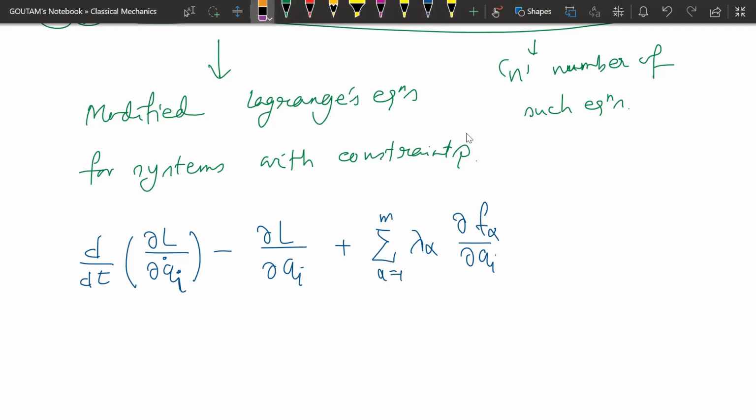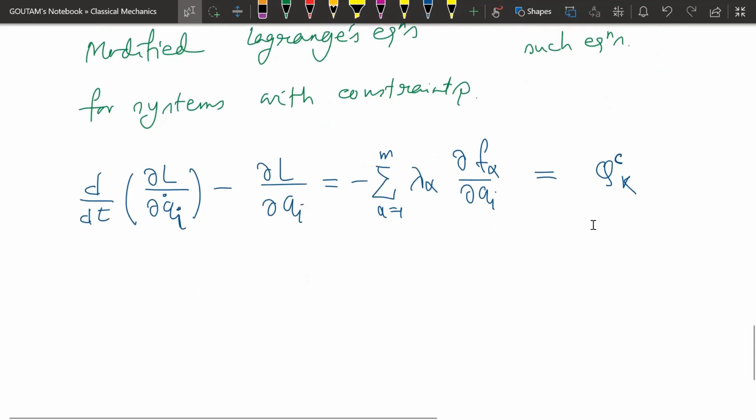Or we can make it equal to minus of it. And we can call this whole term Q_i^C.